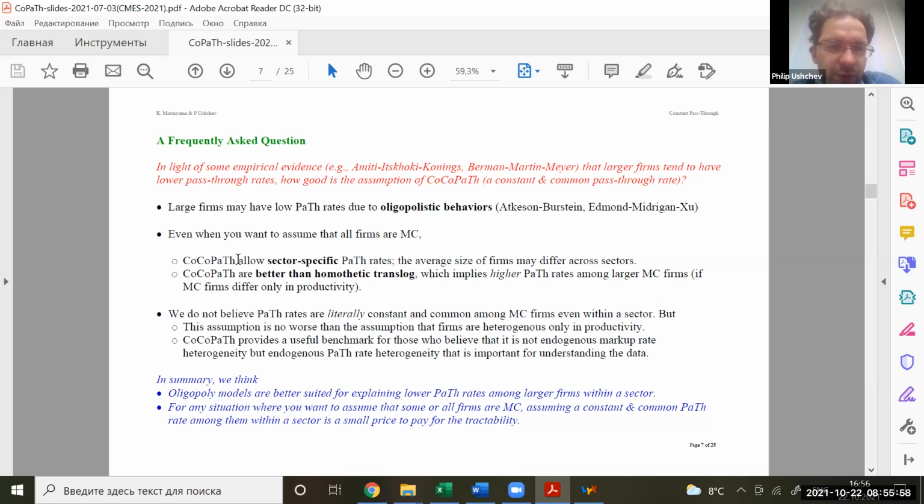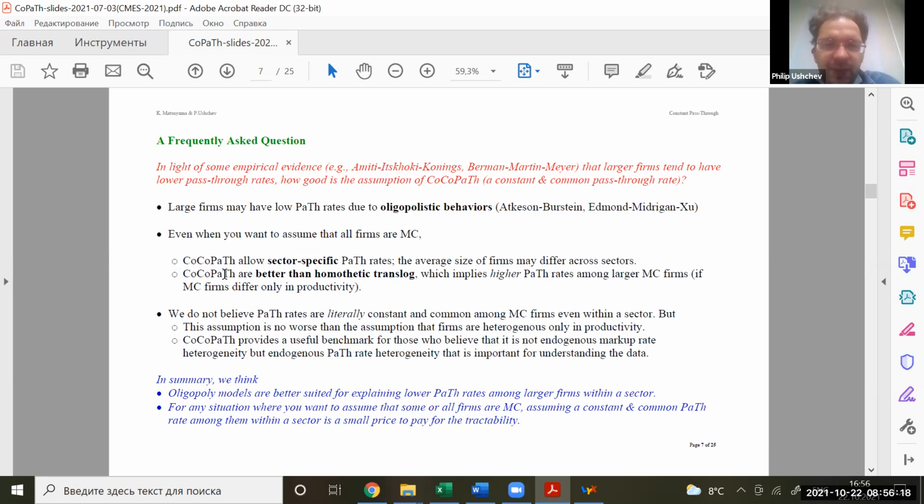So you just focus on firms which are monopolistically competitive, and also you still could make pass-through variable across firms in the cross section if you have a multi-sector model where pass-through is sector specific.